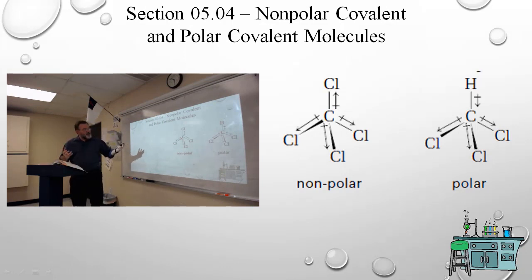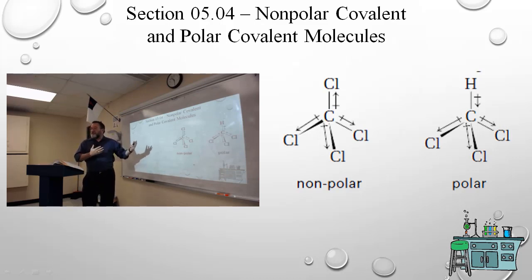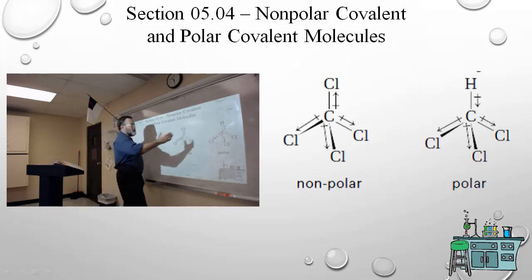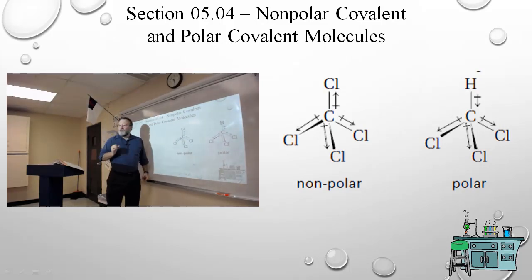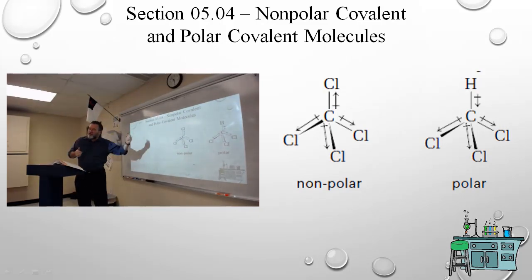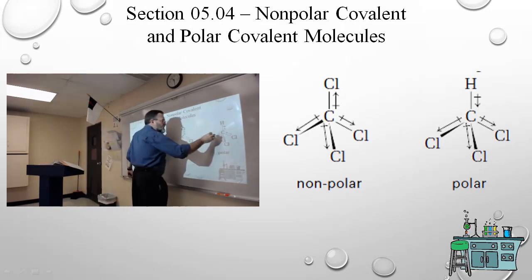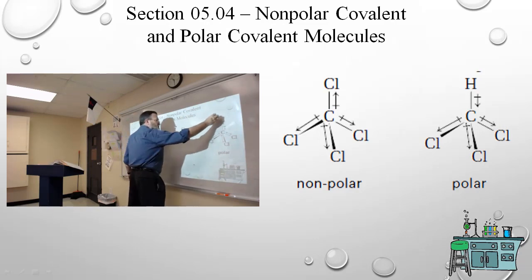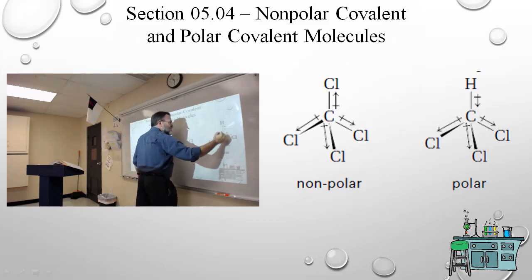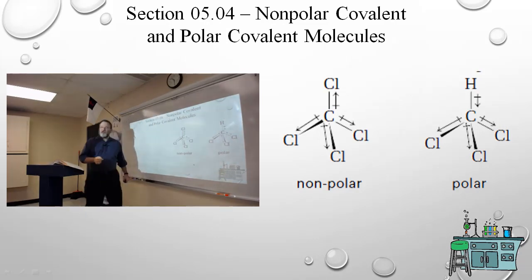Which means the electrons tend to be around the chlorine, which means the carbon tends to be the positive side of the bond. The only difference to the one on the right is we've replaced one of the chlorines with a hydrogen. But see what that does to the polarity of the bond? Carbon has a higher electronegativity than hydrogen, so the electron tends to be around the carbon.